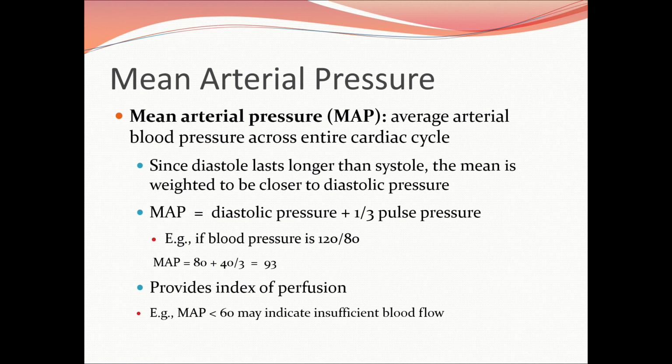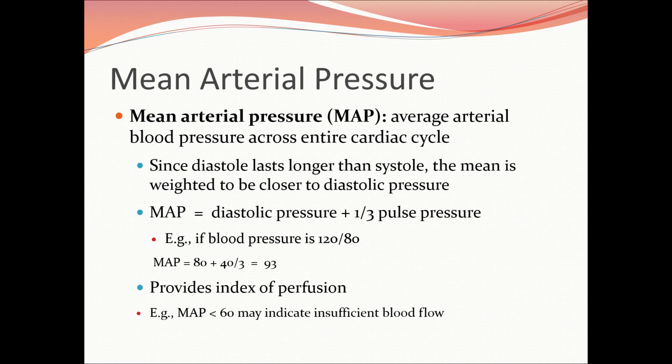Let's look at the arterial pressure before we go to venous return. The mean arterial pressure, or MAP, is the average arterial blood pressure across the entire cardiac cycle, so one heartbeat. Since diastole lasts longer than systole, the mean is weighted to be closer to the diastolic pressure. Remember that diastole is when the chambers are at rest.